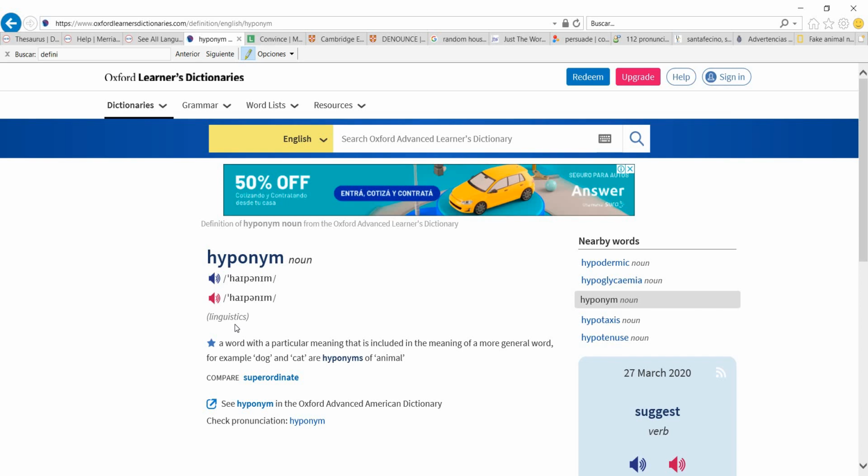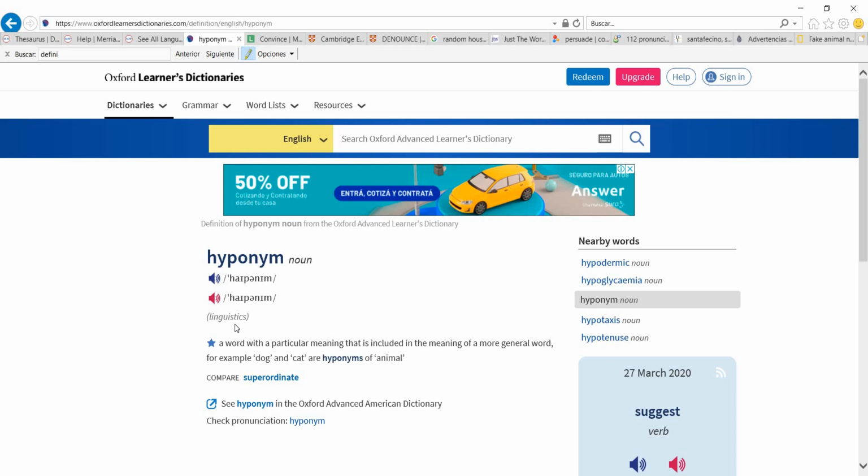So a hyponym, the word hyponym looks like a very complex term, but basically a hyponym is a type of word. So that frankly is very helpful both for teachers who want to explain the meaning of something and for translators, because you know that the genus, the superordinate term that is used to define a word, is going to be very helpful for you to translate.